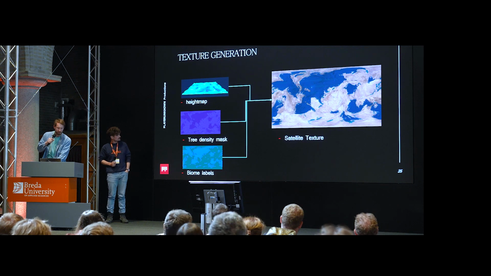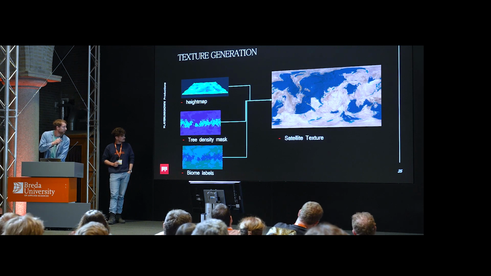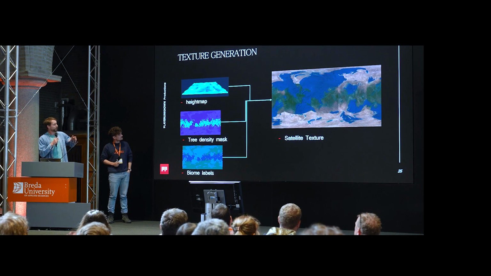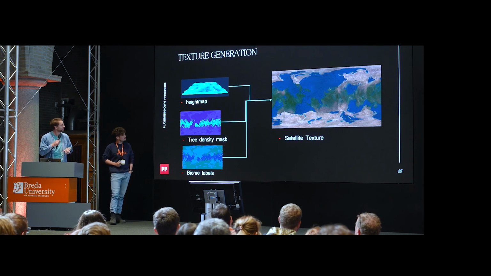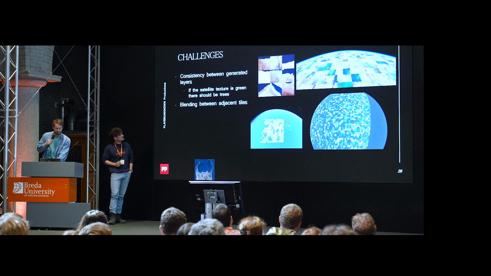So then we included tree density and biome labels, GIS data, which allows the model to know that there should be trees there, because otherwise there is no information for it to achieve that.